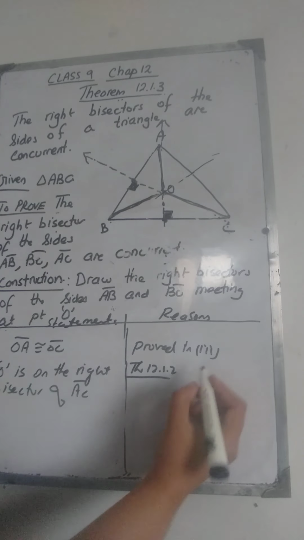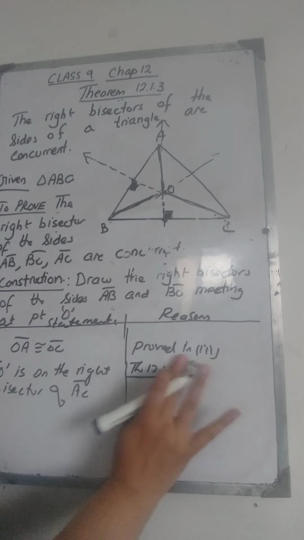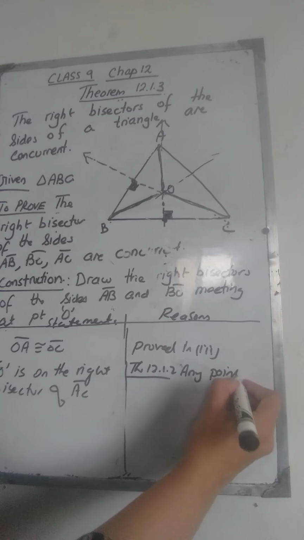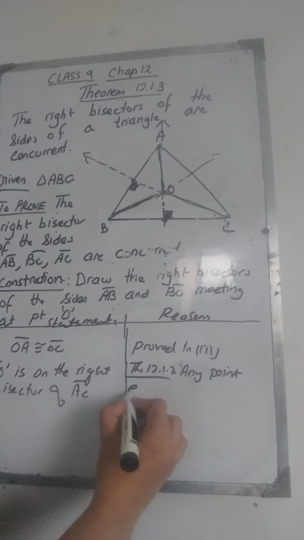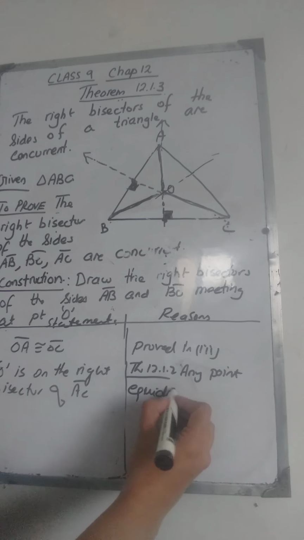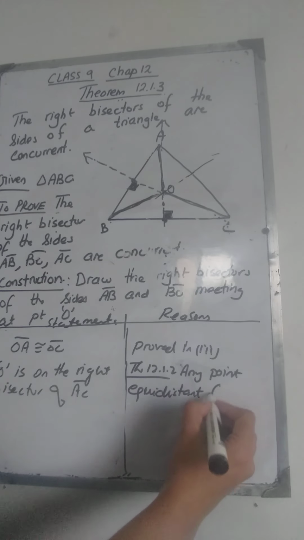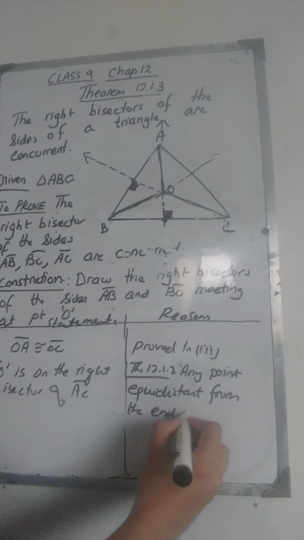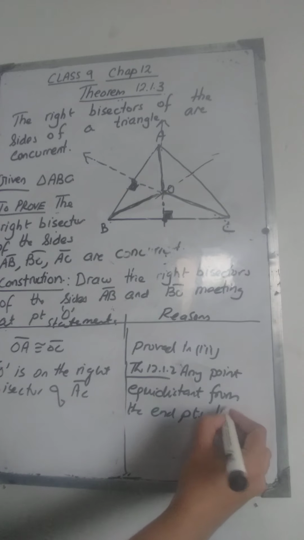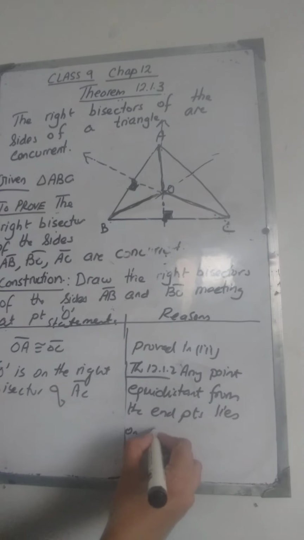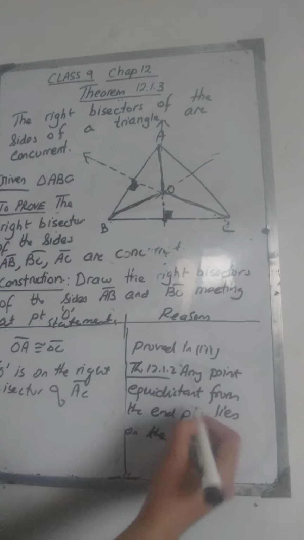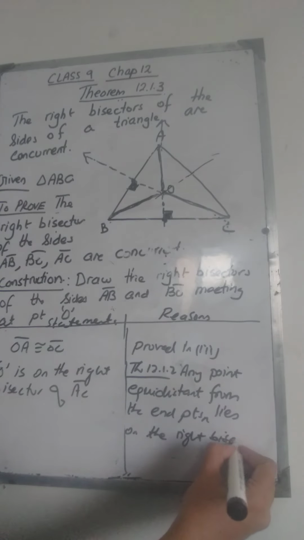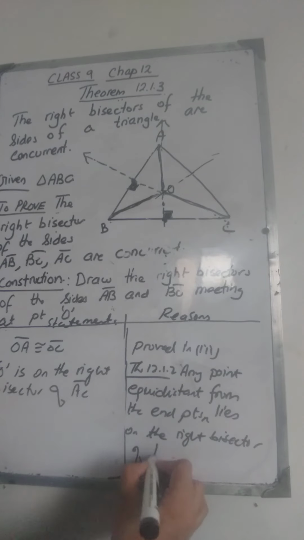It states that any point equidistant from the end points of a line lies on the right bisector of that line.